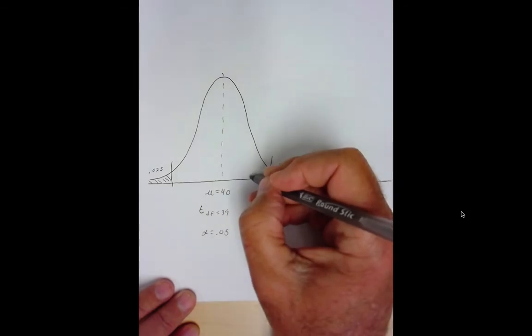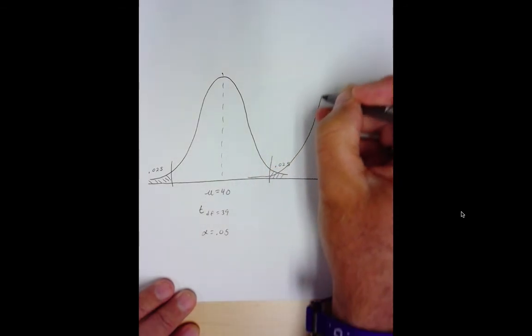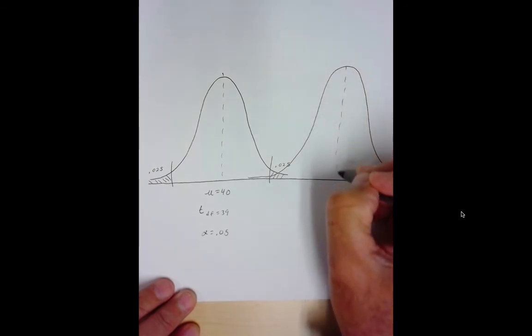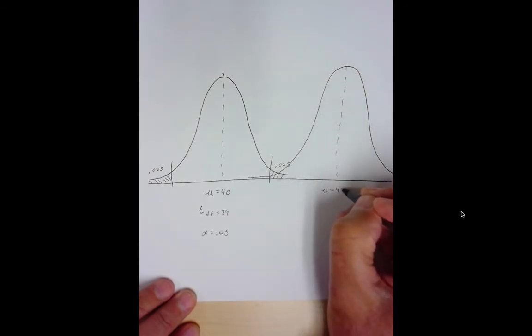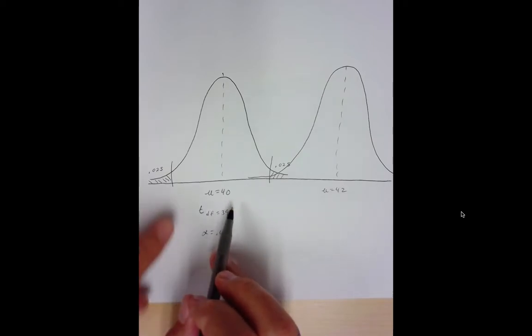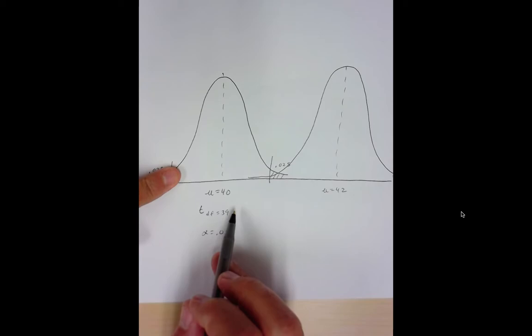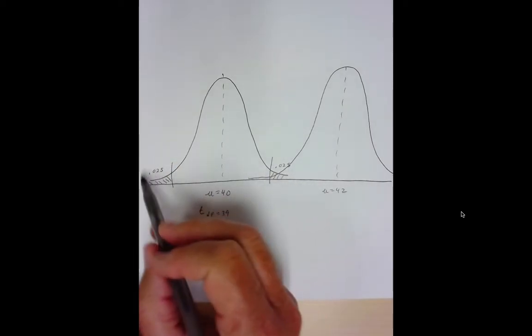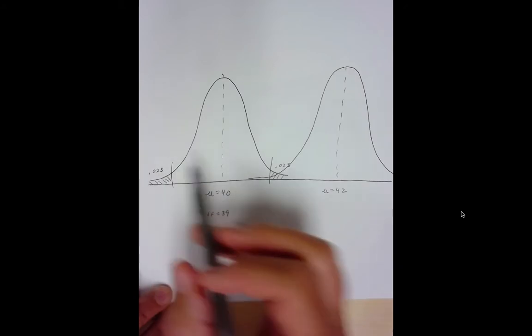Because the true distribution is greater than the hypothesized distribution, I really don't need to worry about this down here. I need to worry about this up here. Now we'll come back. Does that ever play a role in our calculation?